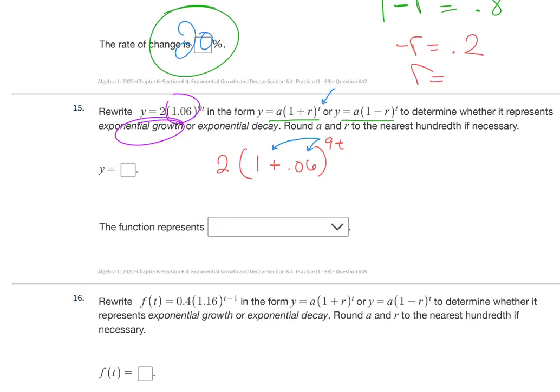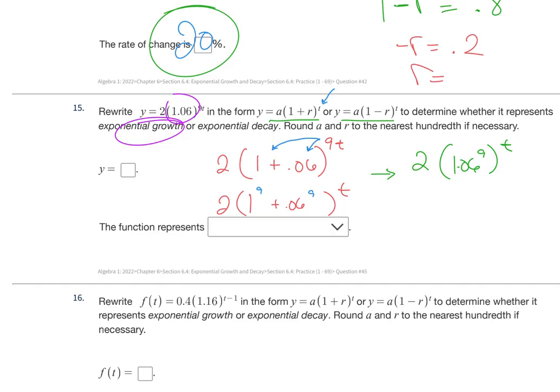So you get 2, and then let me go and write the 1 plus 0.06 9th power. And you know what, I guess I didn't even have to do it that way. I could have done it like this. 2 times 1.06 to the 9th power with t out there.